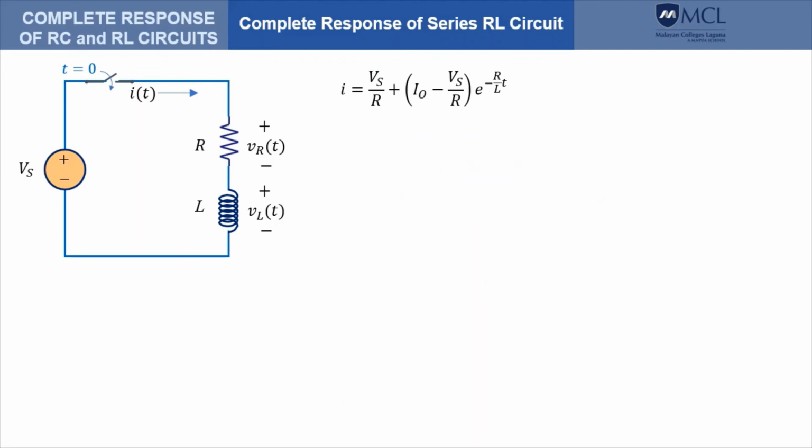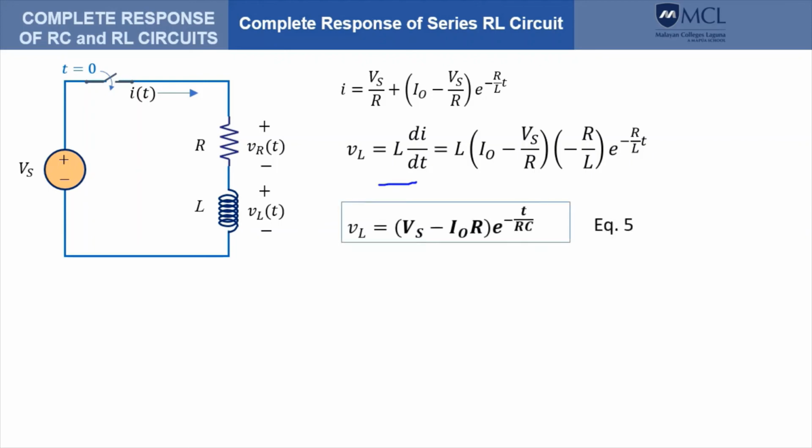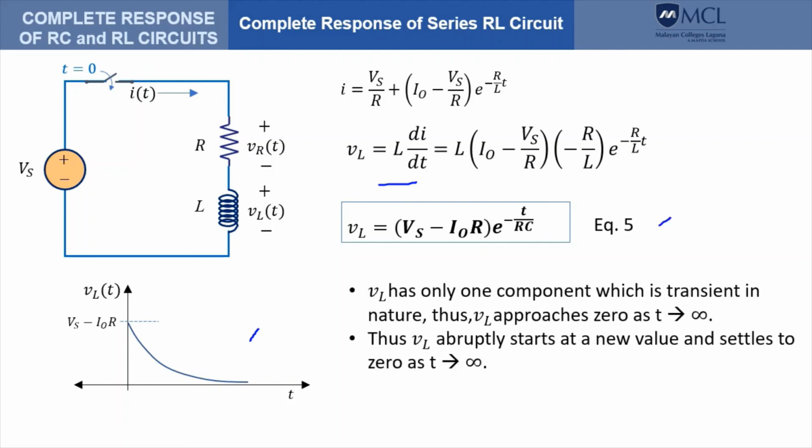We can also solve for V sub L, the voltage across the inductor, from this relationship, and that will give us this equation. We can plot the voltage, and this will give us this plot here. This voltage has only one component, which is a transient component.